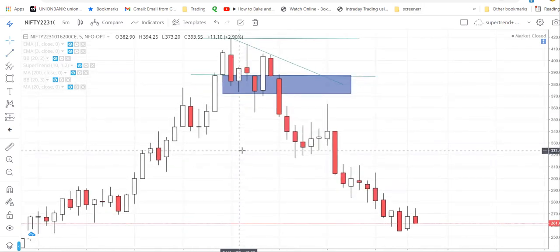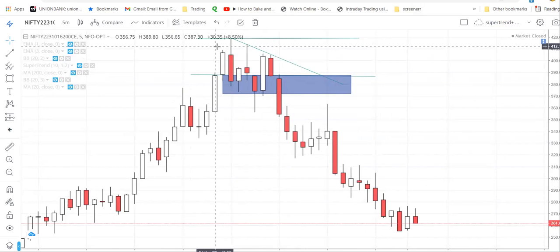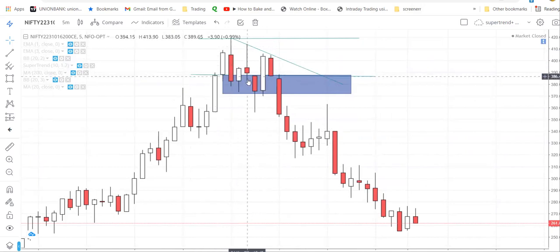And this is the way: carefully observe the price action, start marking the higher swings and see the change in behavior. Once you see the change in behavior, then you can go for a call option or a put option.